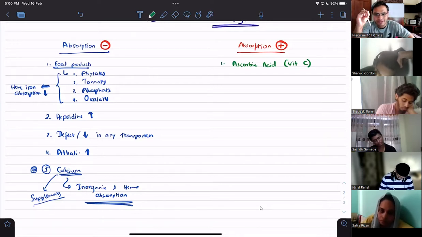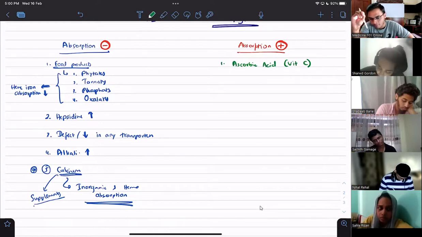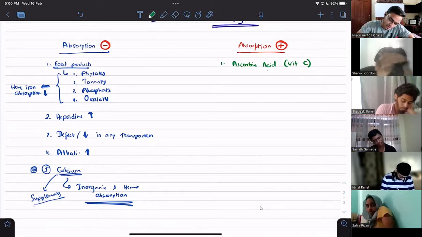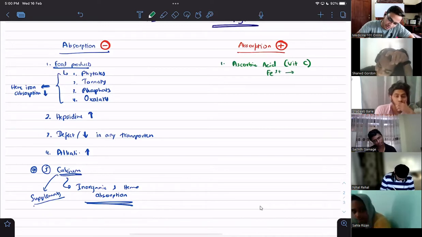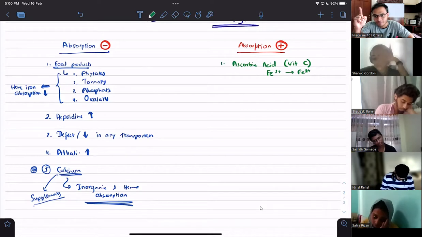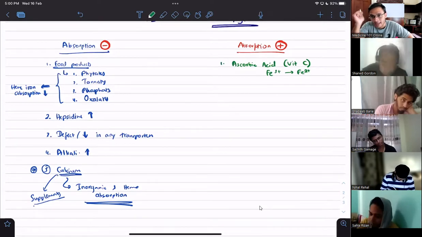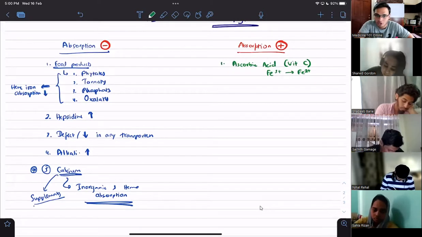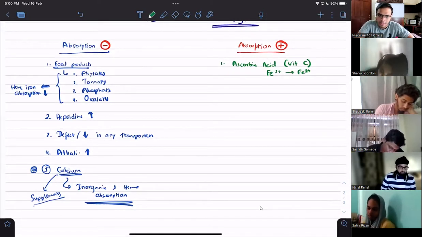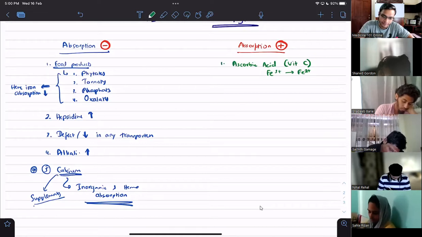It helps in the conversion of Fe3+ to Fe2+, which is essential in the initial stage of absorption from the apical side. Remember, we always want to convert it to Fe2+. So that's why ascorbic acid helps.